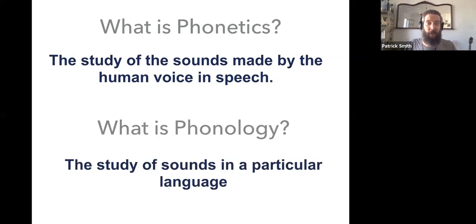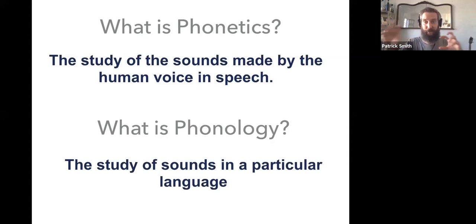So then what's phonology? Well, this is the study of sounds within a particular language and the system of sounds within that particular language. So phonetics, in today's sense, is related to how we produce those sounds, the mechanics of speech, and phonology is, why do we do it like that?